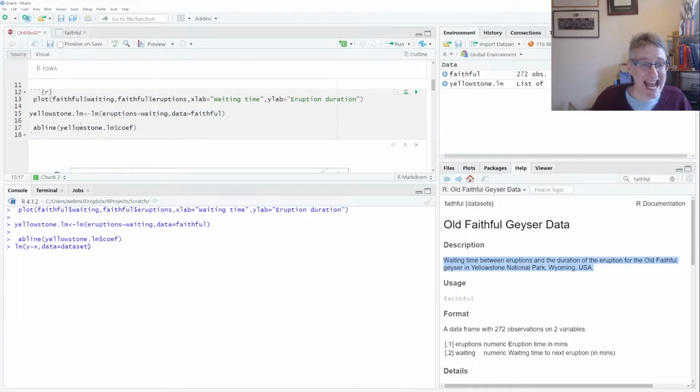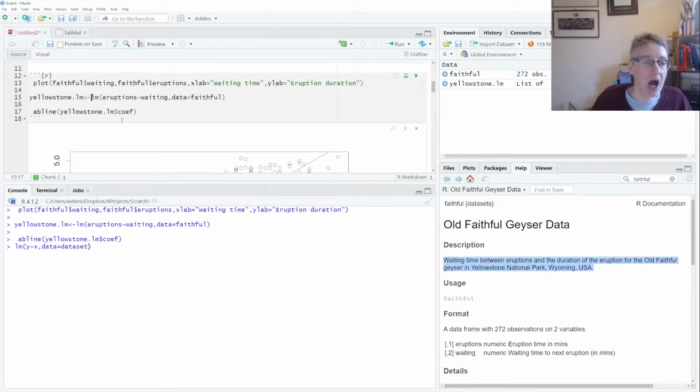I'll run that, but I won't see anything until I run this last command, which is abline. What I'm asking R to do here is draw a line according to the coefficients produced by this Yellowstone.lm object.